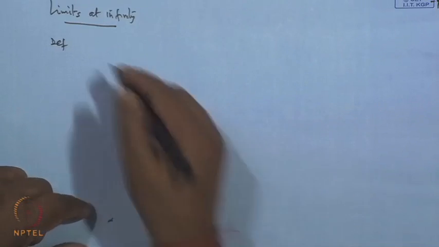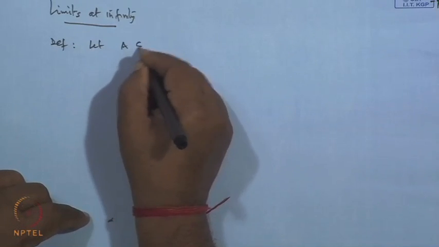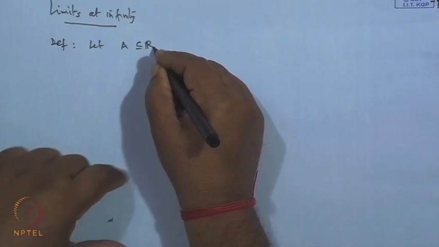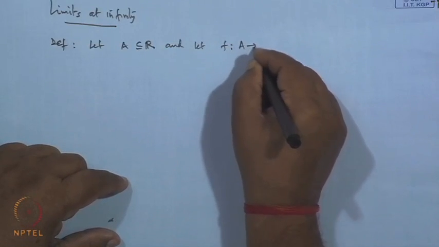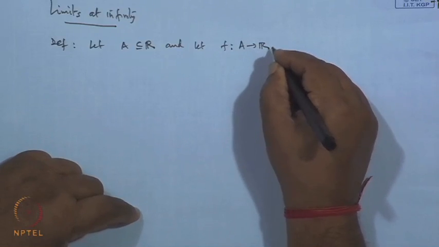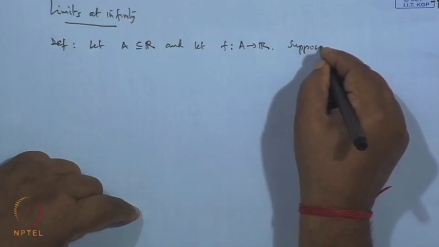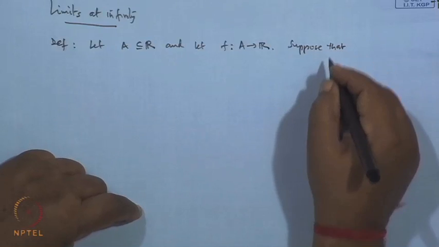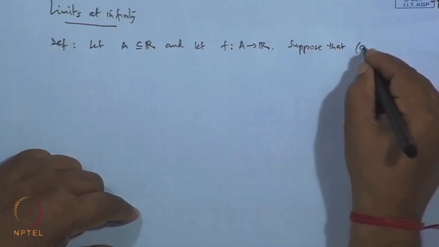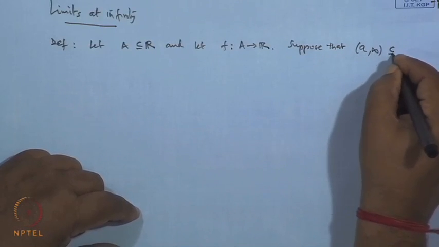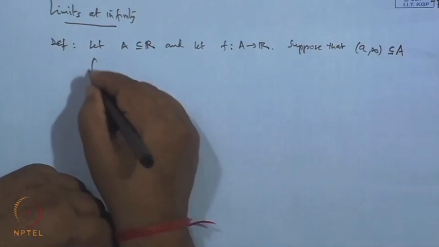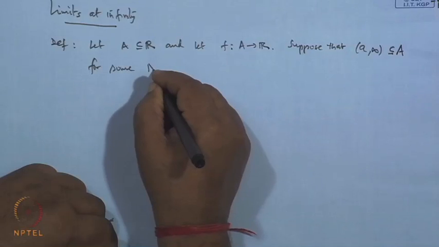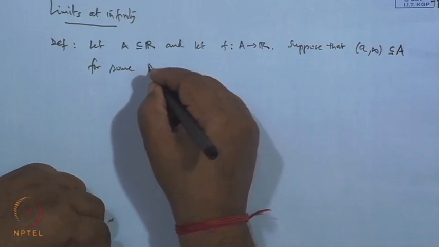Let A be a non-empty subset of R, and let f be a mapping from A to R. Suppose that (a, infinity) is contained in A for some a belonging to R.